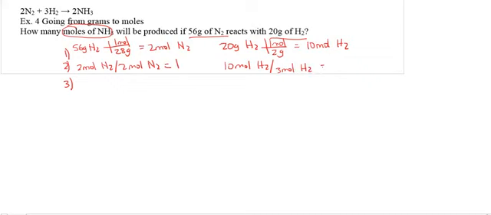So that's going to be 3 and 1/3, so about 3.33. This is smaller, limiting reactant. 1 times the coefficient of what you're looking for, which is 2 moles of NH3. My answer is 2 moles of NH3. And that's it. So once again, if you react 56 grams of nitrogen with 20 grams of hydrogen, you're only able to produce 2 moles of ammonia.